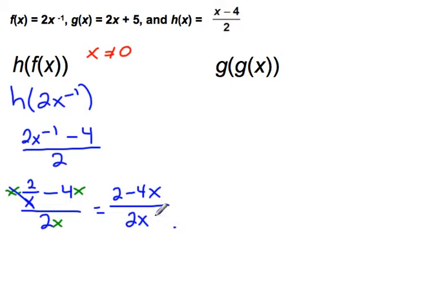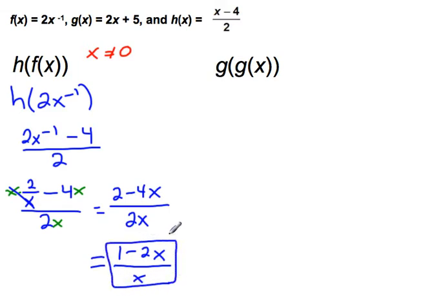Now that's almost simplified. The only thing I notice here is in this term, this term, this term, I can take a 2 out of all of those. So my simplified version of this problem is going to be 1 minus 2x over 1x. That would be the simplified form of that fraction.